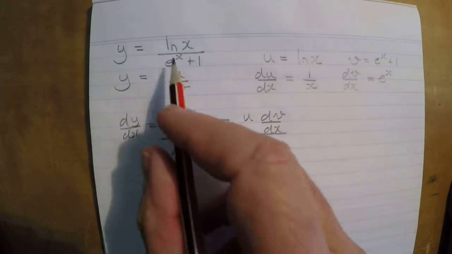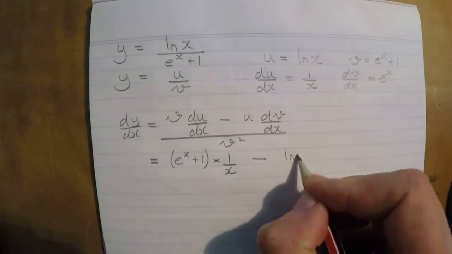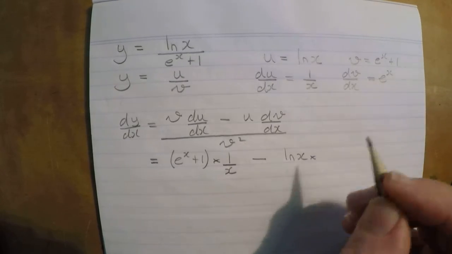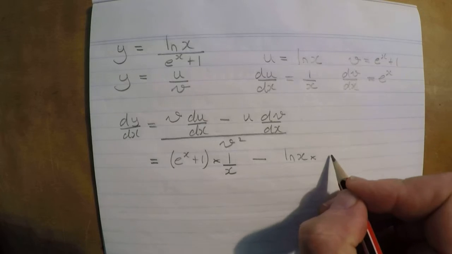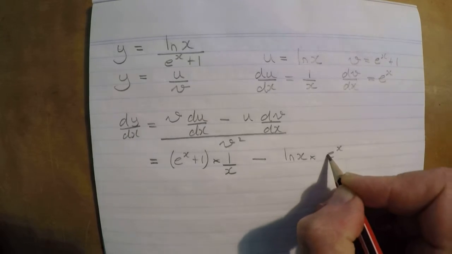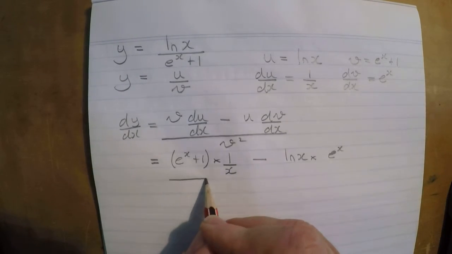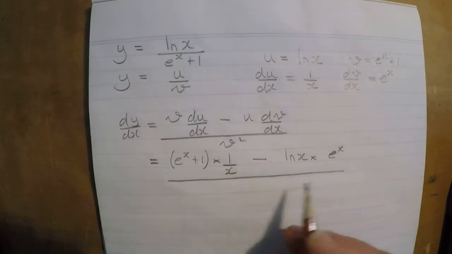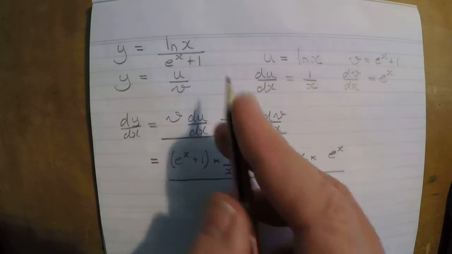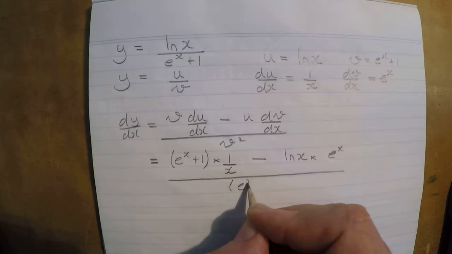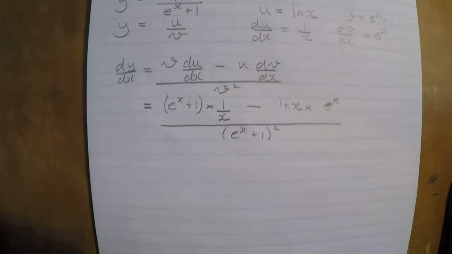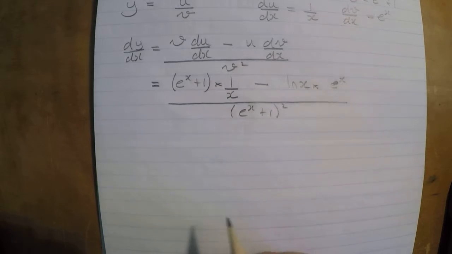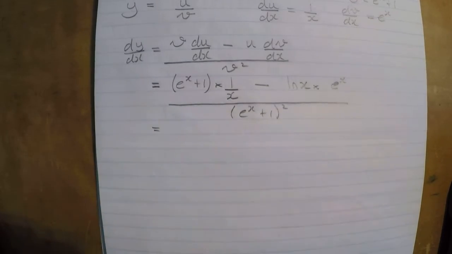Minus u, the natural logarithm of x, times dv/dx, which was e to the x, all divided by v squared. v is e to the x plus 1, squared. So we have some simplifying to do.